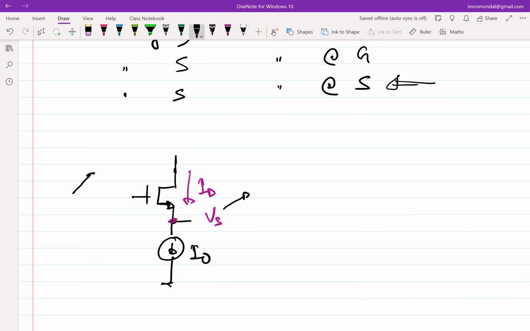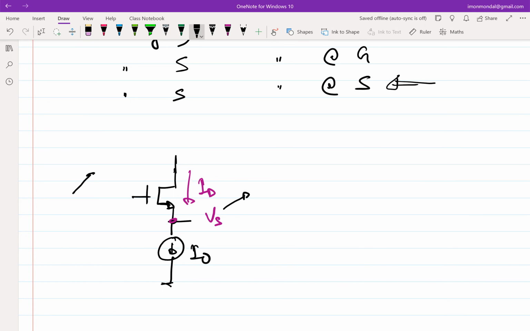And this contraption between the gate and the source behaves like a source follower. So it was simply because there is an inherent negative feedback that is taking place.